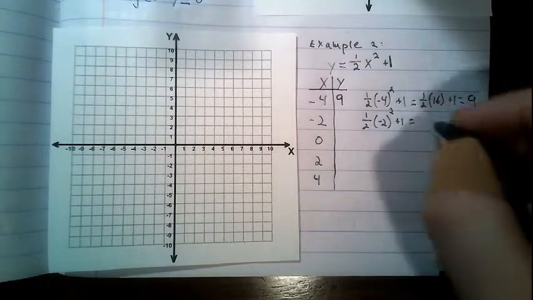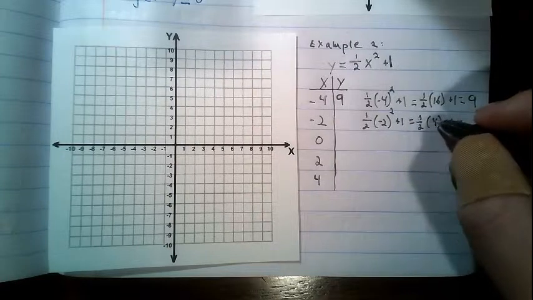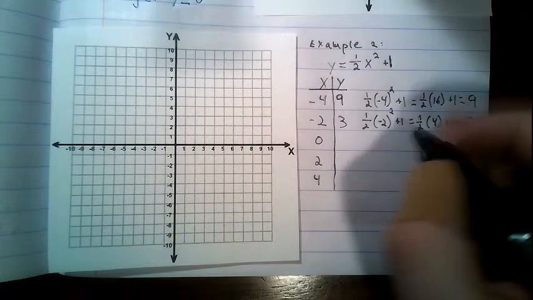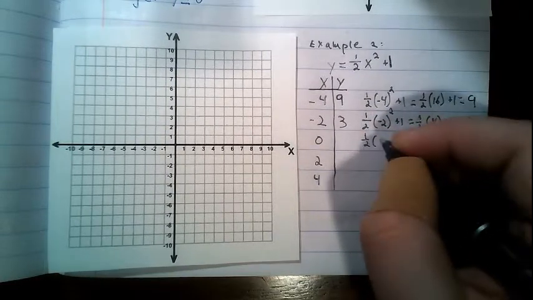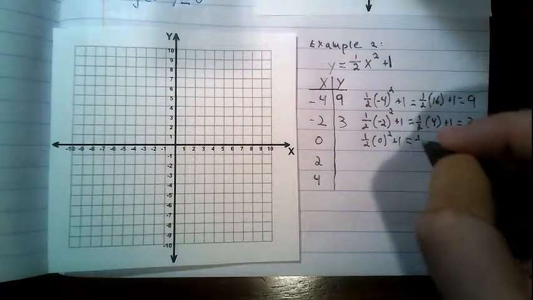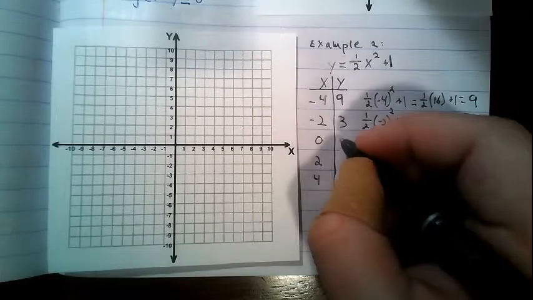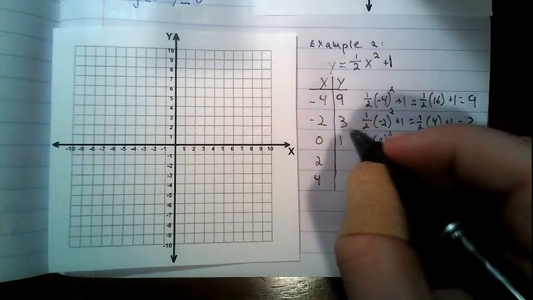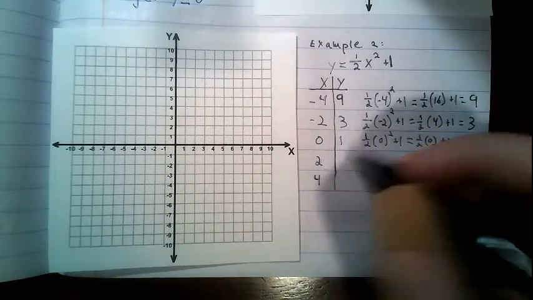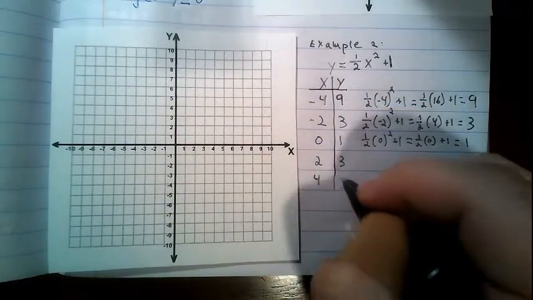Negative 2 squared is positive 4. 1/2 of 4 is 2, plus 1 gives me 3. And 1/2 of 0 squared is 0, so that is just 1. Right? And then I know that it is symmetrical. So negative 2 gave me 3, which means positive 2 is going to give me 3. Negative 4 gave me 9. Positive 4 should give me 9.